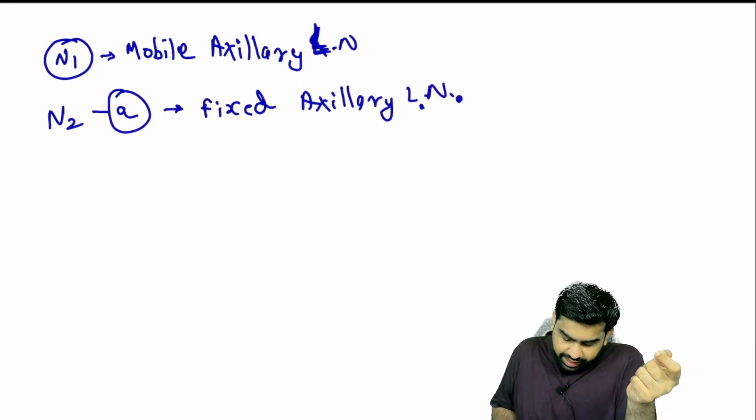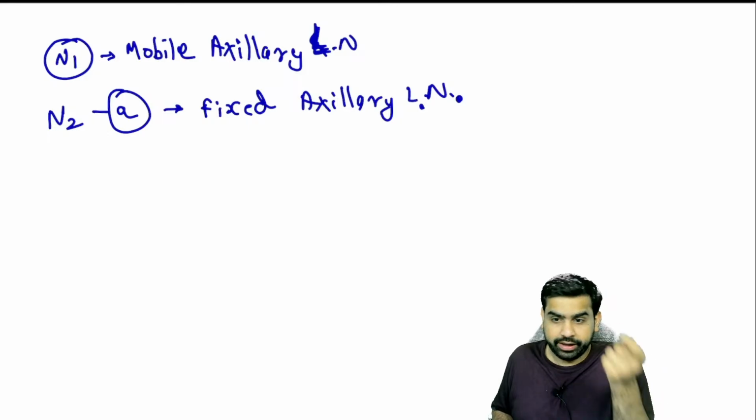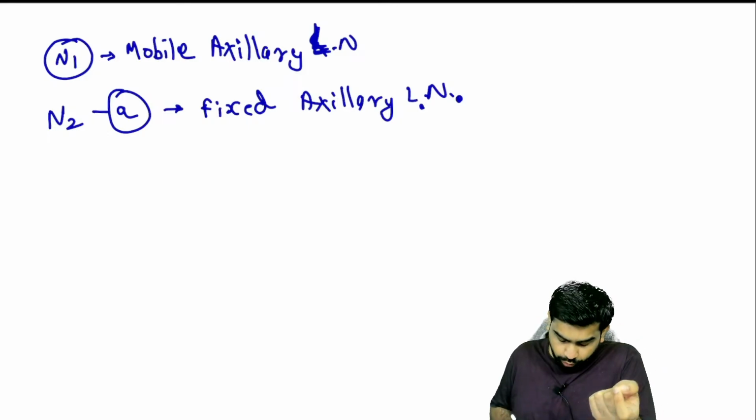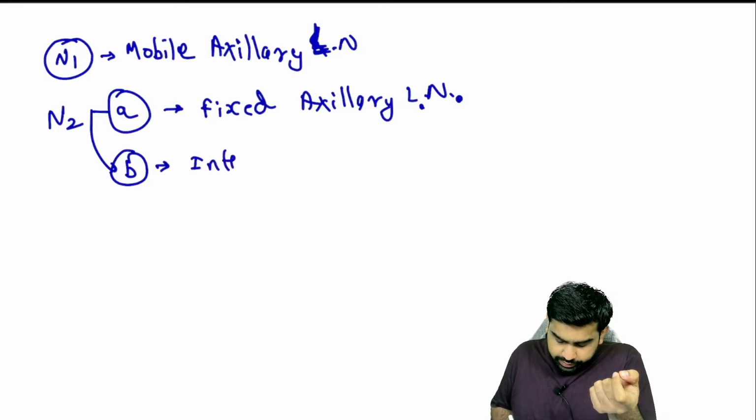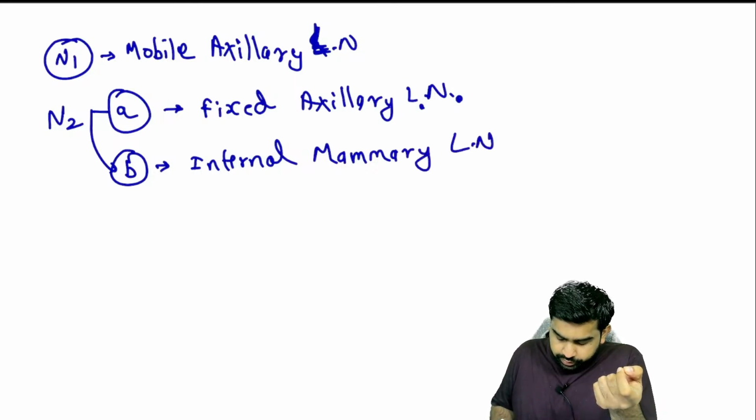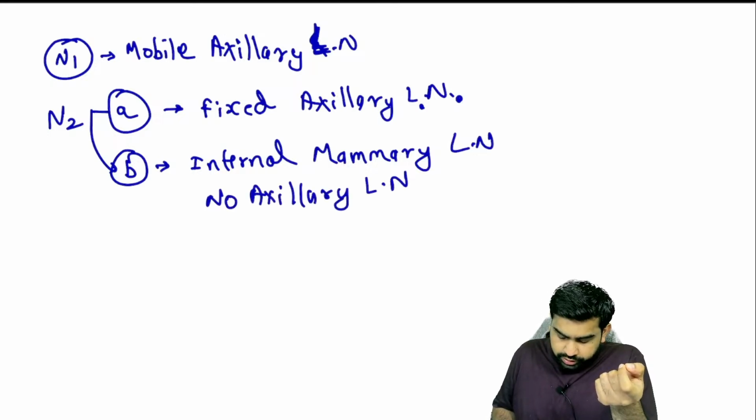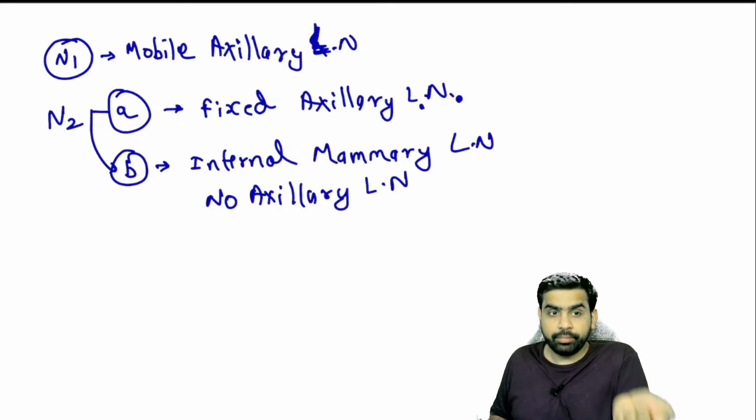I hope you are able to understand this point. Now what about the N2B? N2B is involvement of an internal mammary lymph node, but there is no axillary lymph node involvement.